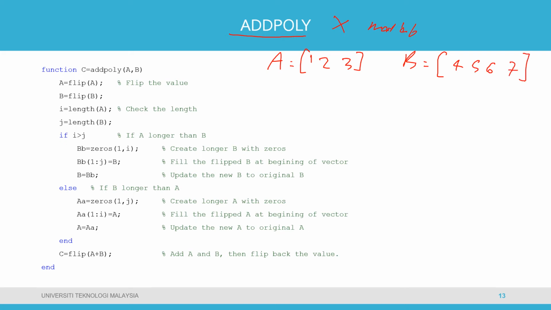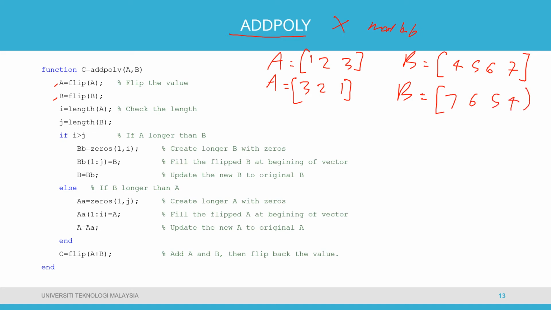First thing you need to know is you have to flip this. In order to operate this properly, you have to flip this. So basically the new value A is 3, 2, 1 and B is 7, 6, 5, 4.